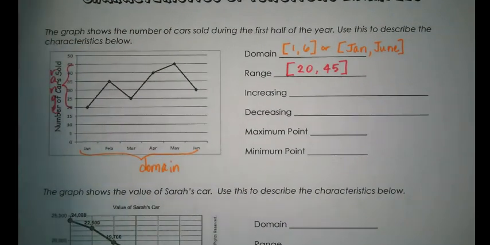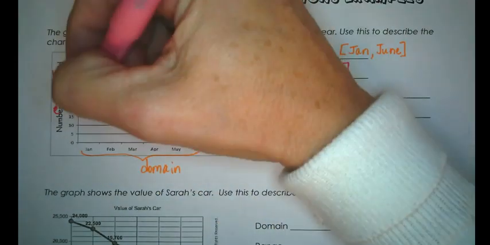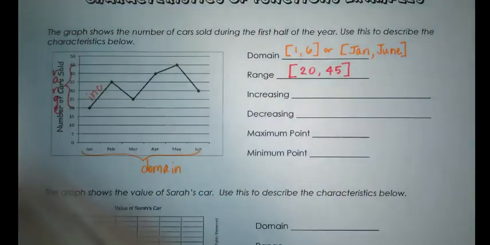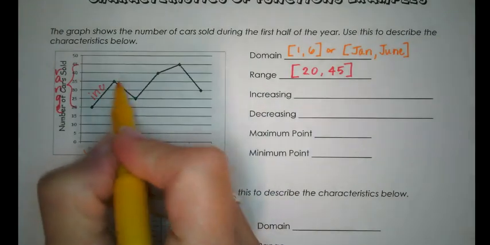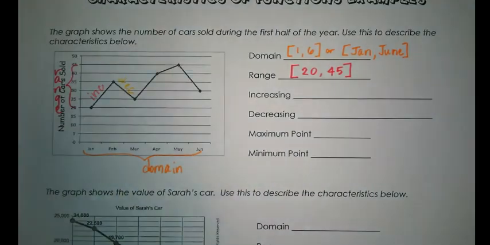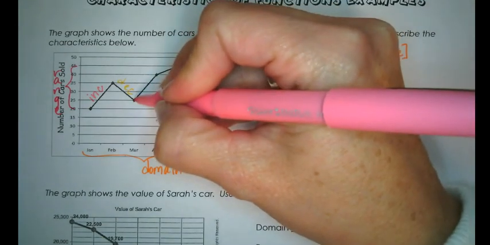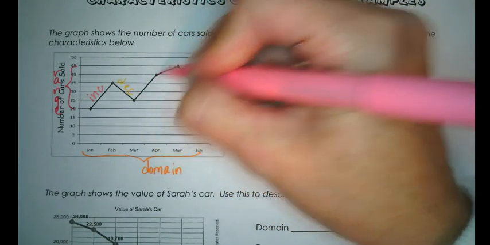All right, increasing and decreasing. So what I'm going to do is to go through my graph right here and label what's happening. So this piece right here is increasing, and then I get to about February, it looks like, and then I didn't sell as many cars then, but here I increased again from March to April, and then also from April to May.